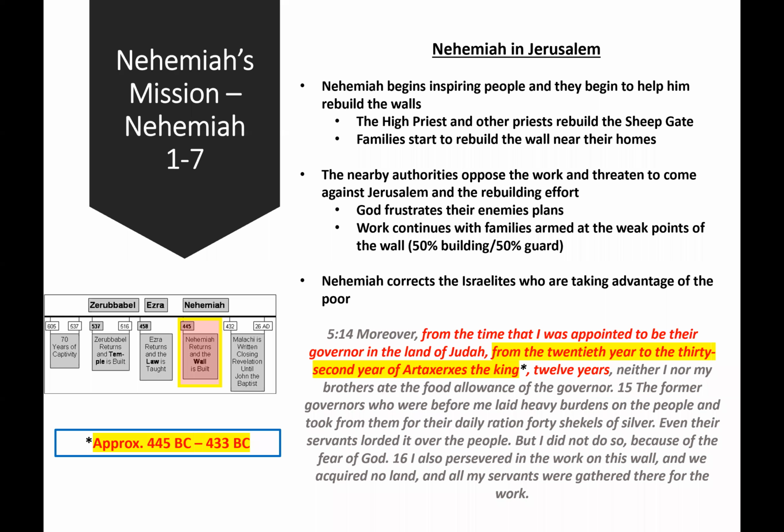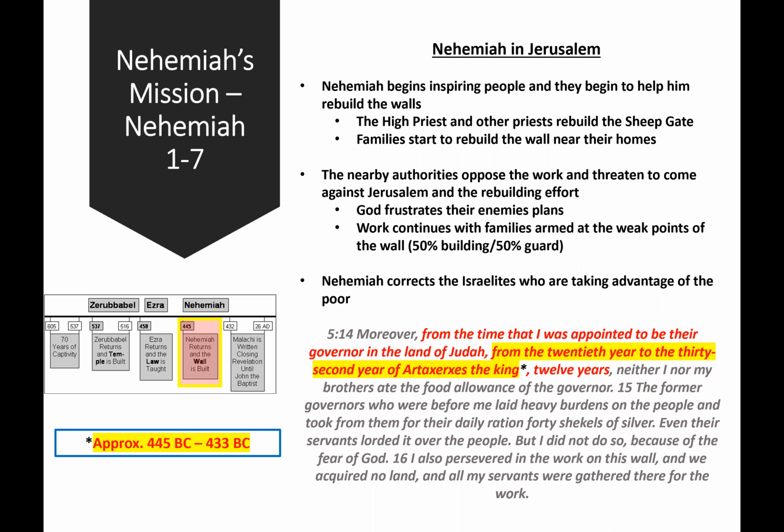Soon thereafter, the authorities nearby, so these other nations that are around them, find out what's going on and they oppose the work and threaten to come against Jerusalem and the rebuilding effort. But God frustrates their plans.